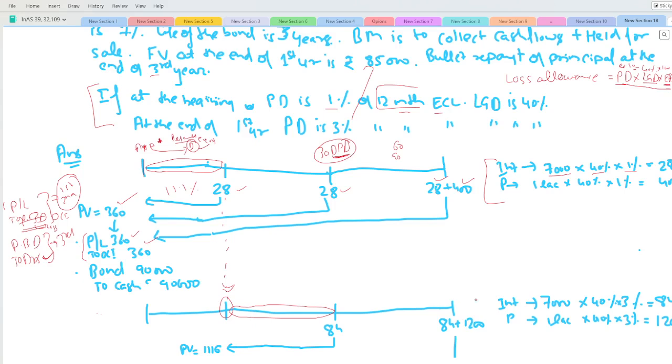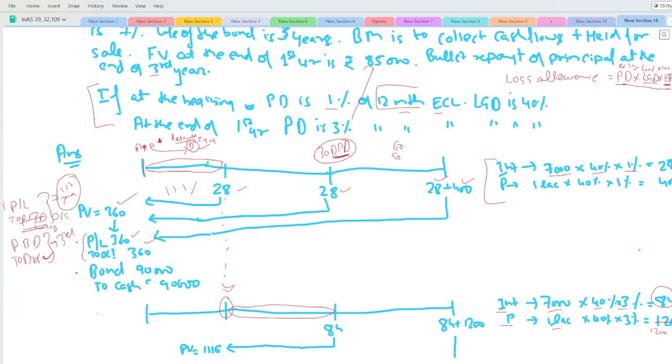Again the same thing: you apply it on the interest and then on the principal. Your interest is 7,000, on 1 lakh, 40% is your LGD and 3% is your PD. So it is coming to 84 and this is coming to 1,200.